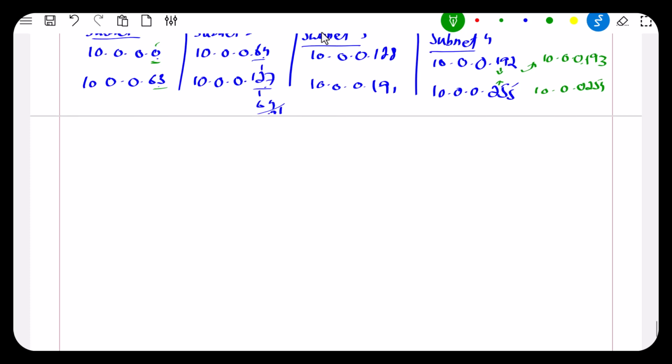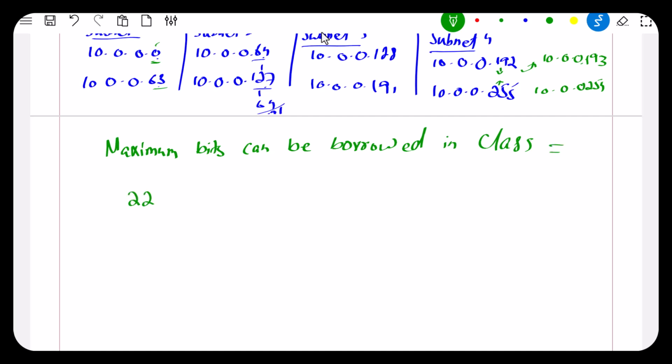Remember, in class A, we can maximum borrow 22 bits. 22, okay, 22 mean what? 8, 8 and 6. 8 from the second octet, 8 from the third octet, and 6 from the fourth octet.